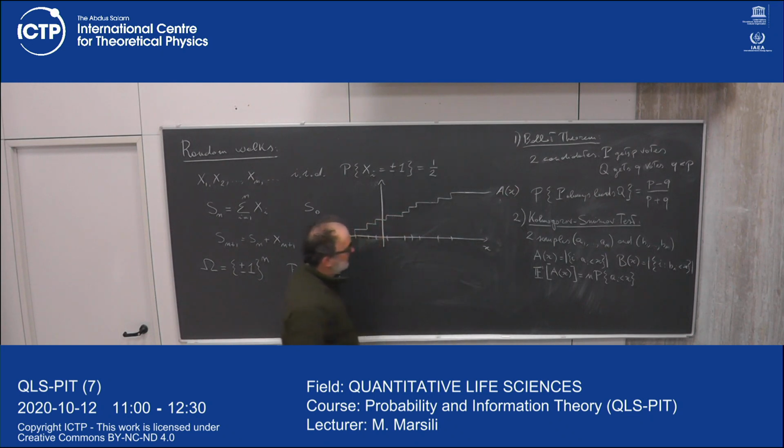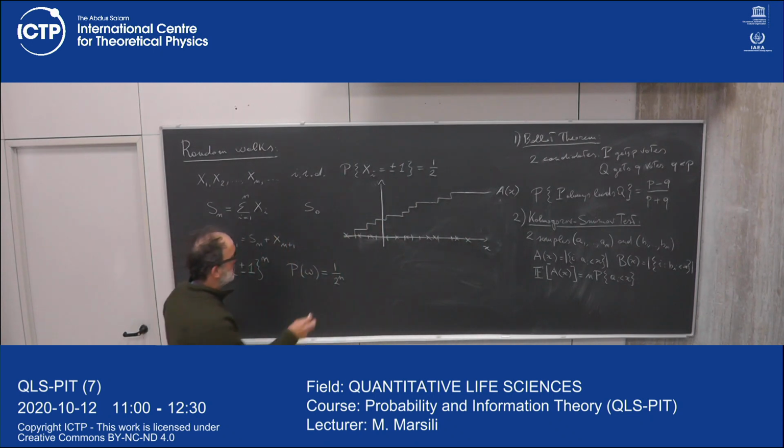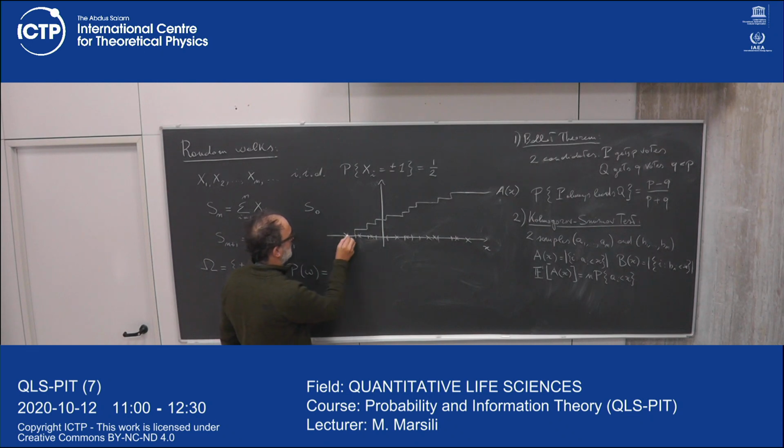What is the curve B of x? Well, imagine that the points of B will be, for example, these ones. So they should be of the same number: 1, 2, 3, 4, 5, 6, 7, 8, and let's put another one, 9. Then the curve B of x will be 0 up to here.